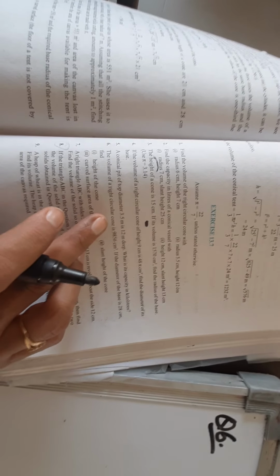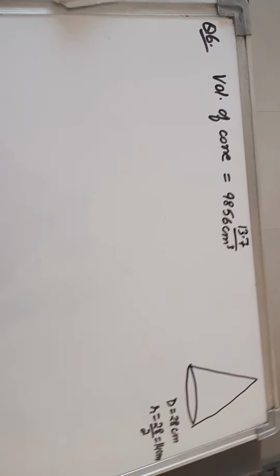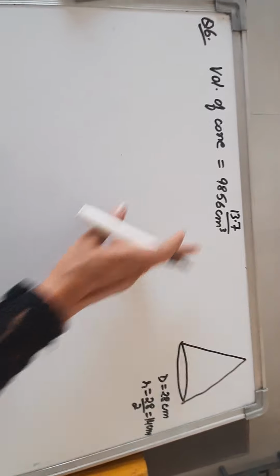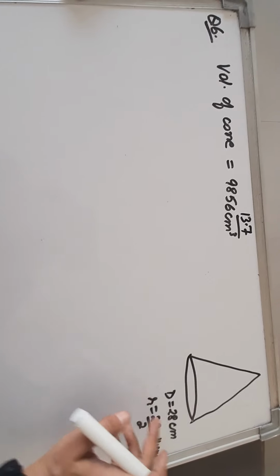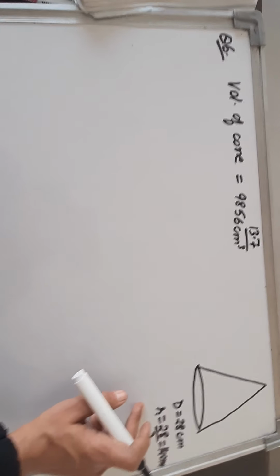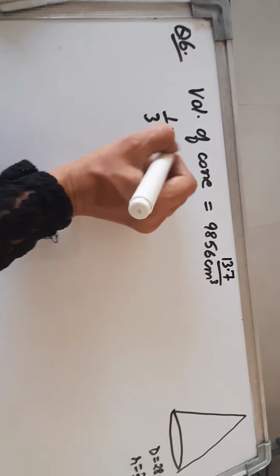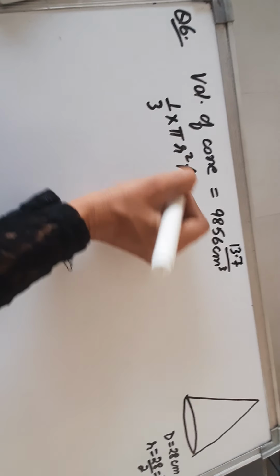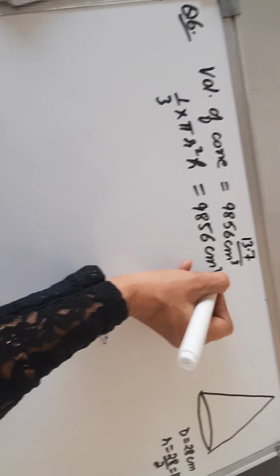Volume is given to us, so let us start with the volume. Diameter is 28 centimeter, so half of this, that is 14, will be the radius. So 1/3 πr²h is equal to 9856 cubic centimeter.